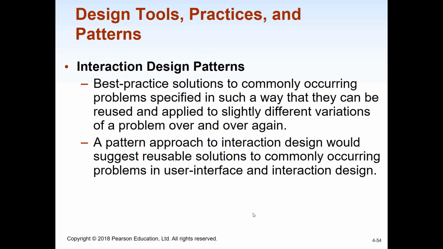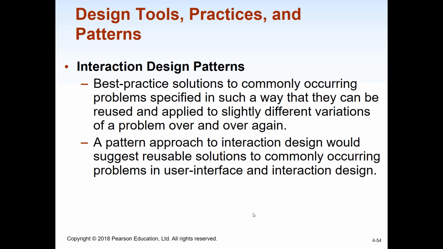So the interaction design patterns here are best practice solutions to commonly occurring problems, specified in such a way that they can be reused and applied to slightly different variations of a problem over and over again.